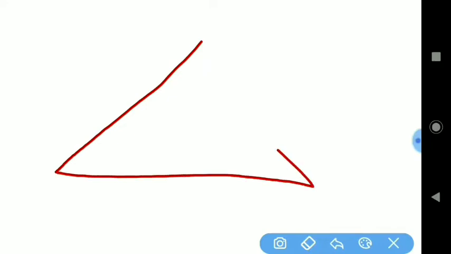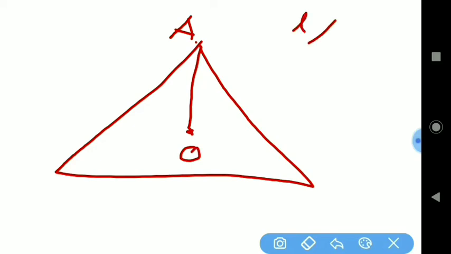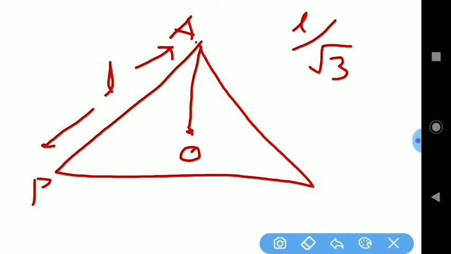Now let us see why we have taken that distance from A to point O as L upon root 3. So here the total distance from A to B is given, it is L. Now this point is the center of AB.